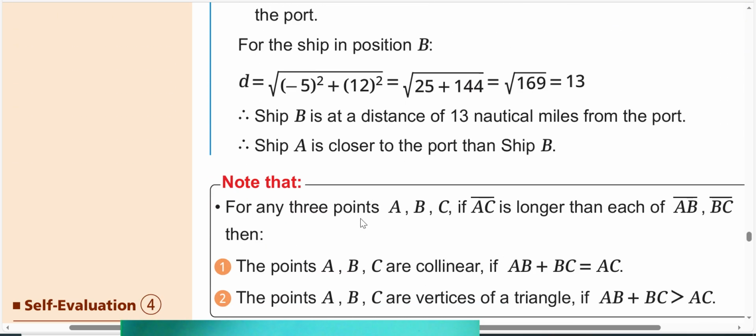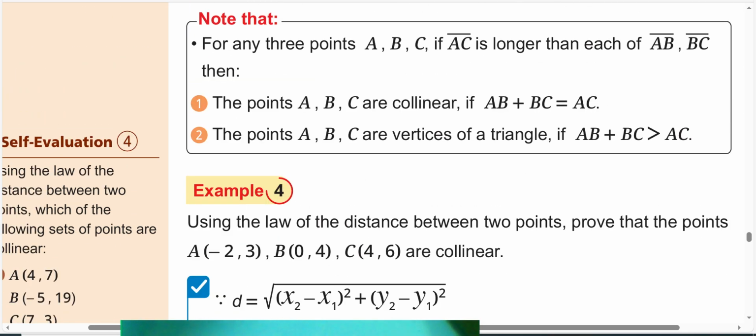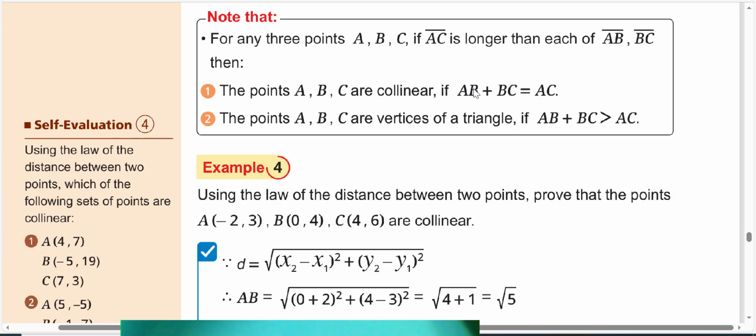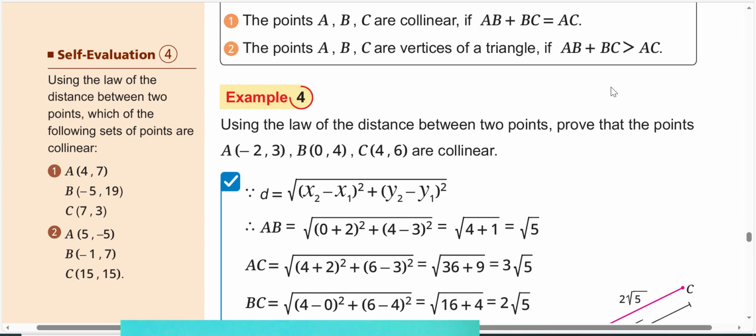Next question. Here is the rule: for any points A, B, and C, if the longest side equals the sum of the other two sides, the points are collinear. The points are vertices of a triangle if the sum of any two sides is greater than the third.